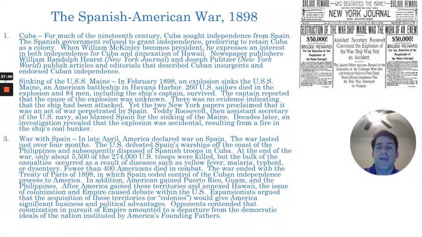The war lasted just over 4 months. America defeated Spain's warships off the coast of the Philippines, another colony that Spain possessed at that time, and after that they subsequently disposed of Spanish troops in Cuba, which resulted in the conclusion of the war.